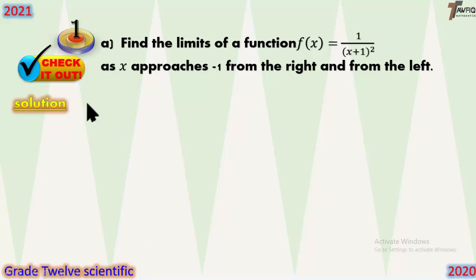Let us check it out. 1a. Find the limits of the function f of x equals 1 over (x plus 1) squared as x approaches minus 1 from the right and from the left.